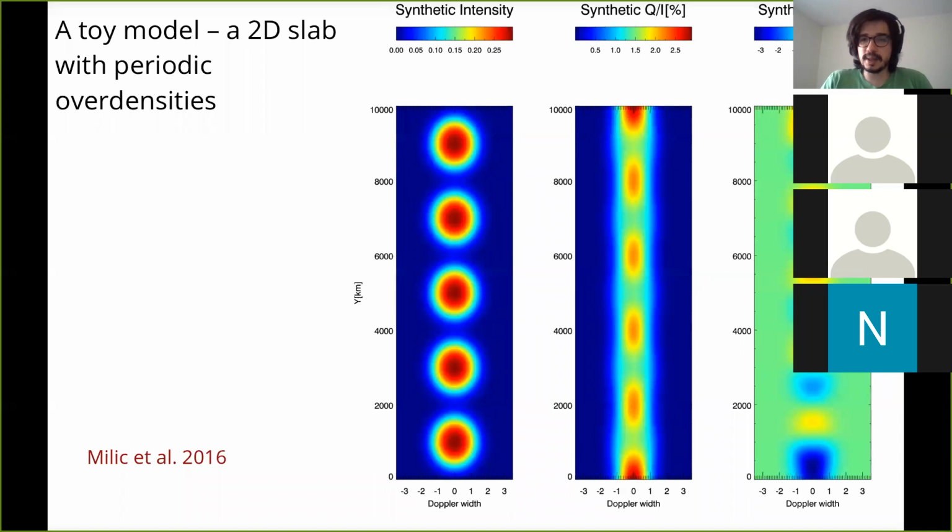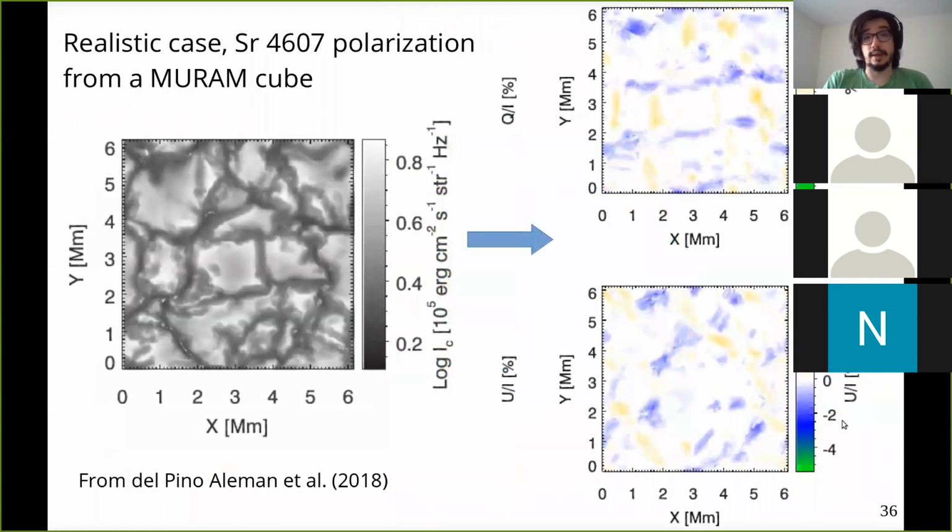But you see that even as I go along the slab, I have this positive and negative linear polarization in Stokes U, right? And I have shown you some more sophisticated and more realistic results in the last class, which was the scattering polarization in strontium 4607, calculated from a Murray cube.